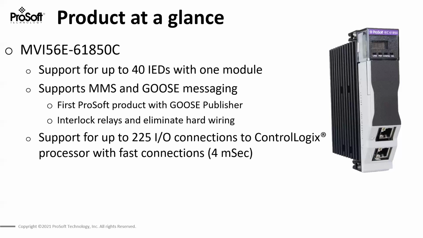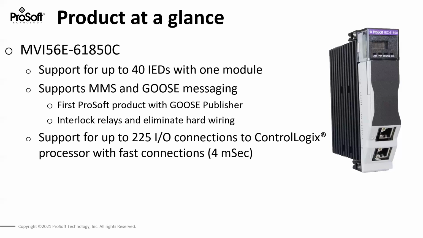Now, not all of those are at 4 milliseconds. That's highly unrealistic. But we can support up to 50 I/O connections at the 4 millisecond timeline, and then a lot of your MMS data and some of the lower priority data can run at higher RPI times within the ControlLogix processor.